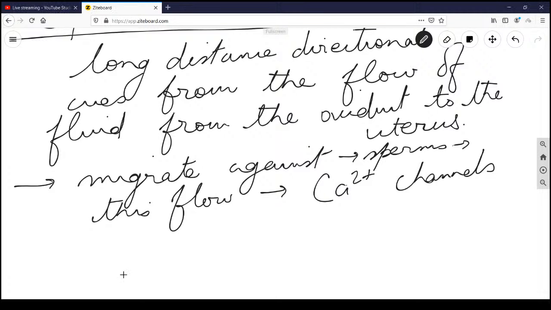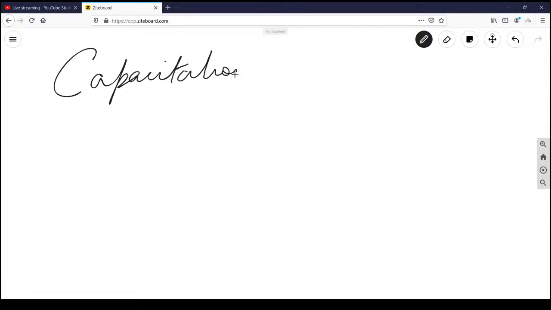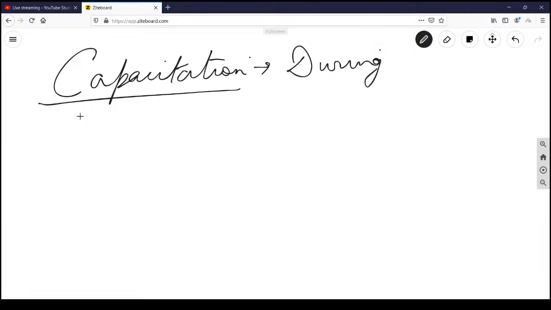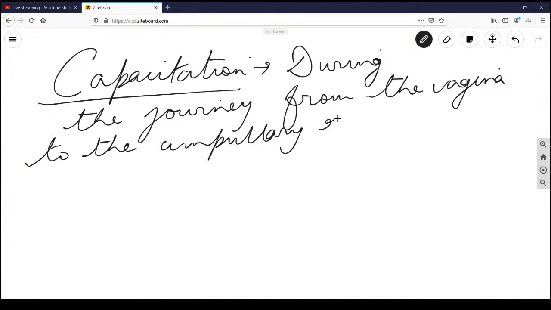So capacitation happens in the female reproductive tract, during the journey from the vagina to the ampullary region of the oviduct.